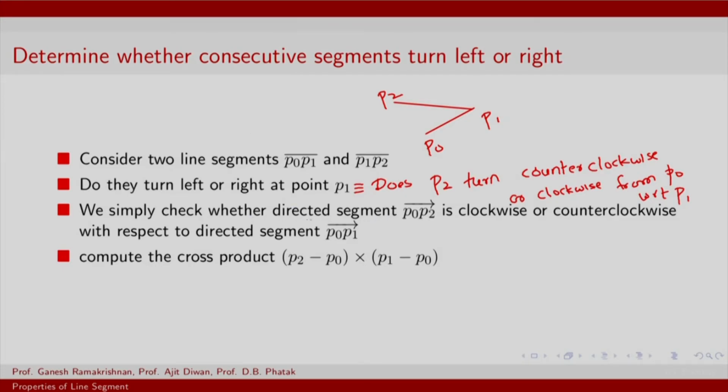The approach will be to check whether the directed segment P0 P2 is clockwise or counterclockwise with respect to the directed segment P0 P1, and that is through this cross product. P2 minus P0 is the vector whose orientation needs to be checked with respect to P1 minus P0.